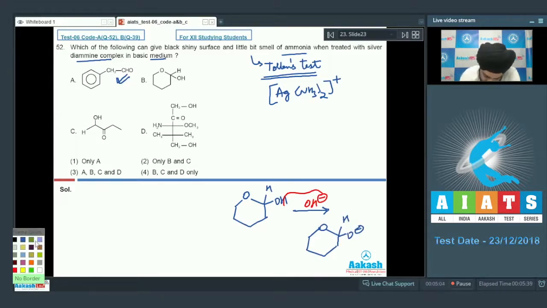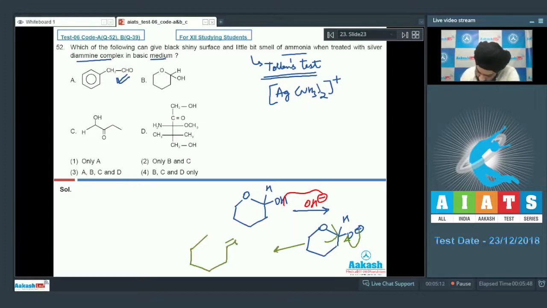Now this intermediate, the negative charge which is formed, can lead to the ring opening, leading to the formation of an alcohol at one end and the aldehyde at the other end. So this will also give a positive Tollens test.